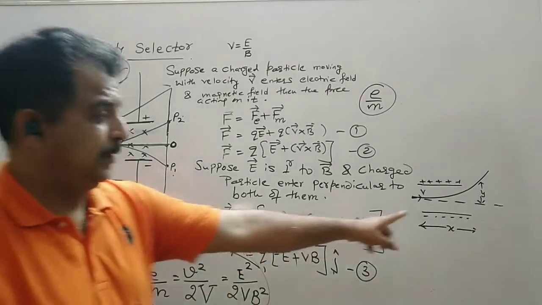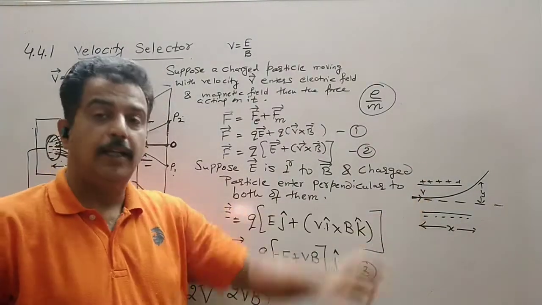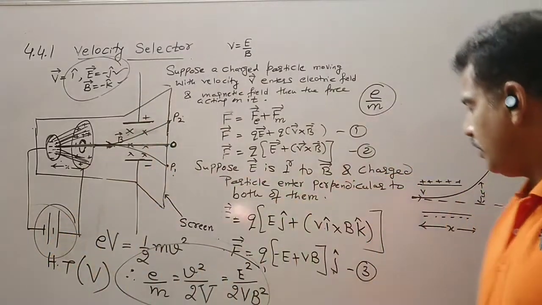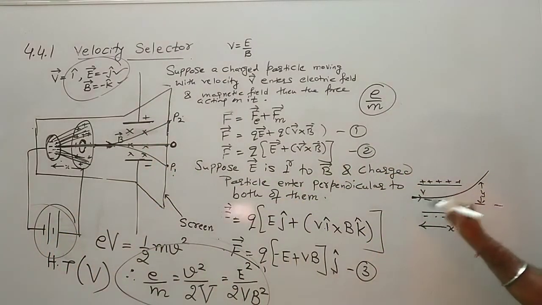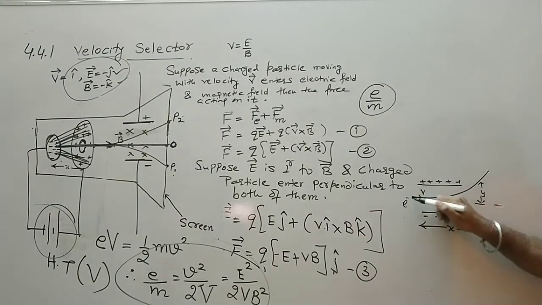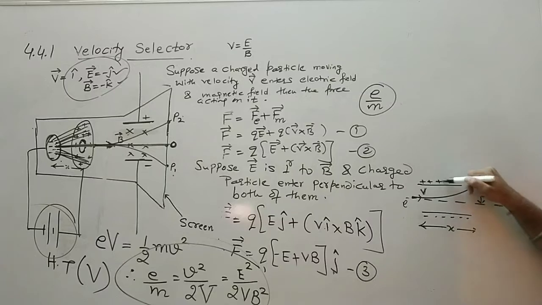was your experiment, this was your question in chapter number 1. Again, here a charged particle, let us take an electron, moving with the initial velocity v, is passing through these two plates, that is the electric field.